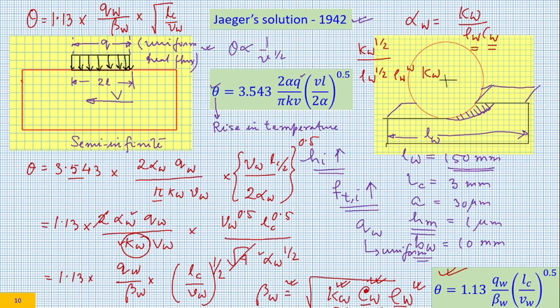So what is the only thing which is not so straightforward? The only thing which is not so straightforward is this particular term, because we know QT, which is FT into Vs divided by LC into BW, but we do not yet know this.